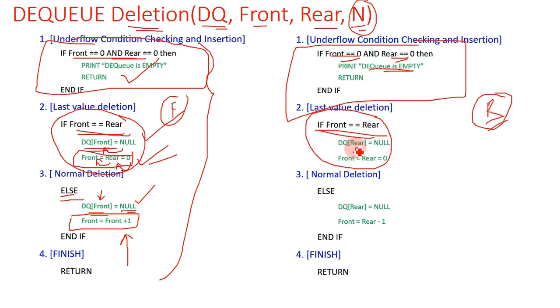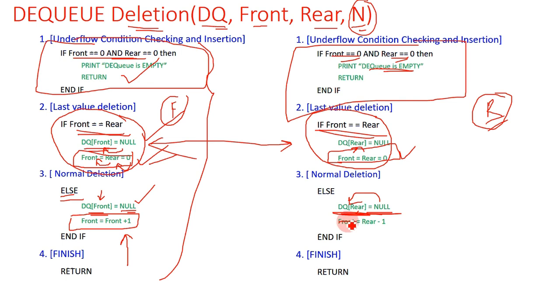Assign null to that rear location, just like this. Okay, and assign 0 to both front and rear end. It means that now the DQ is empty, and this is the normal deletion. Assign null value to that DQ location and assign rear minus 1 to rear.